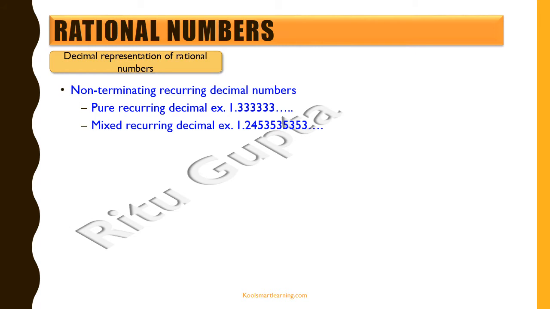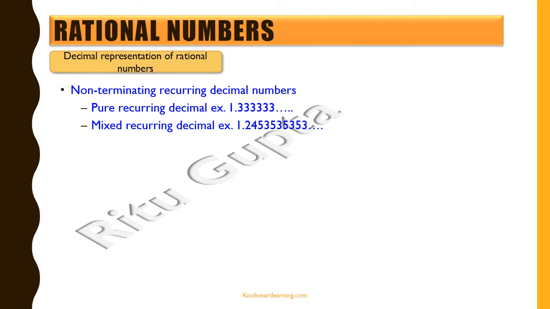It is non-terminating for sure because 53 is continuing an infinite number of times, but it is mixed in the sense that all the digits after the decimal are not recurring. Some digits occur only once and then they stop, and after that there are certain digits which continue to get repeated. So that pattern gets repeated over and over till an infinite number of times. So that is why this is a mixed recurring decimal number.